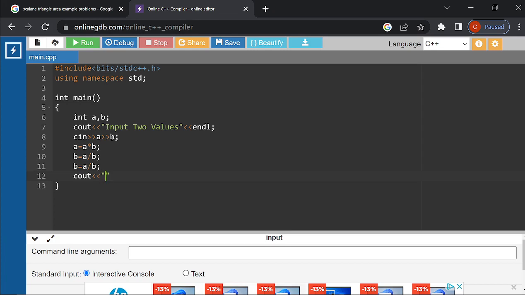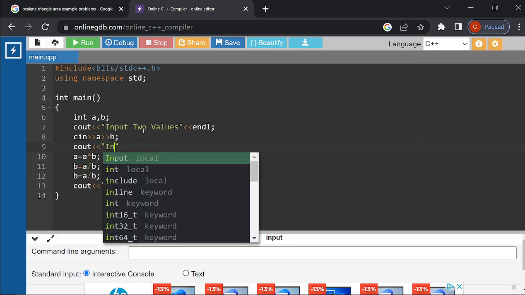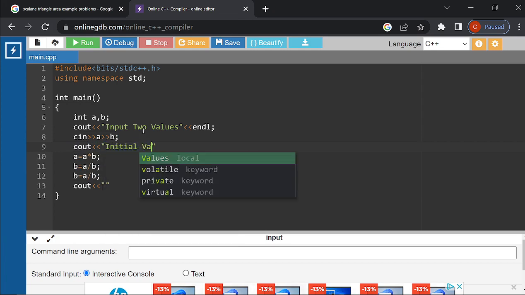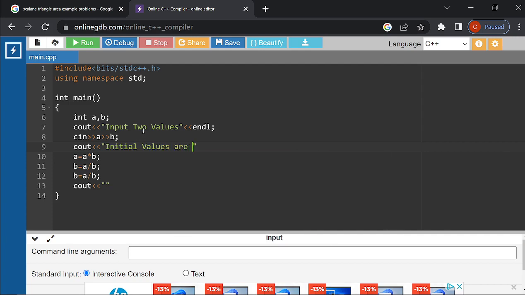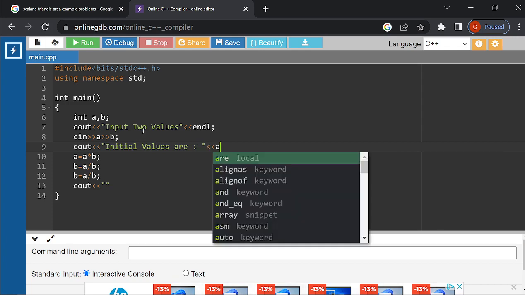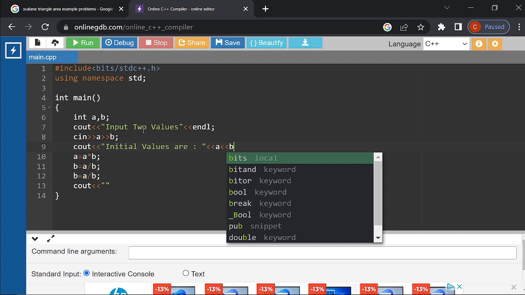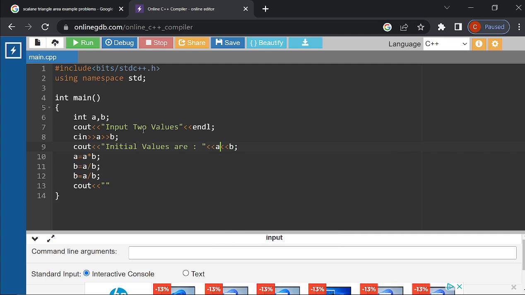Let us print the initial values also. Cout, initial values are, A and B, and I think I should place a space also.